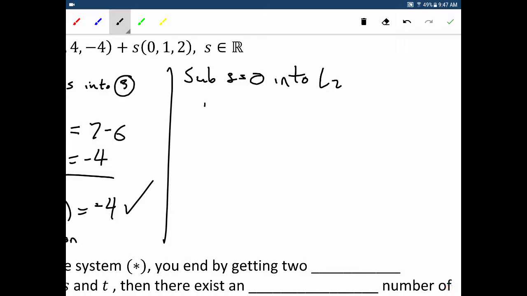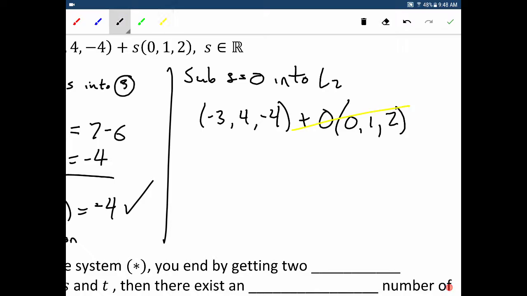Well, I know it's going to be easier. So we're going to get -3 for -4 plus 0 times 0, 1, 2. And of course, because this is 0, that just disappears.